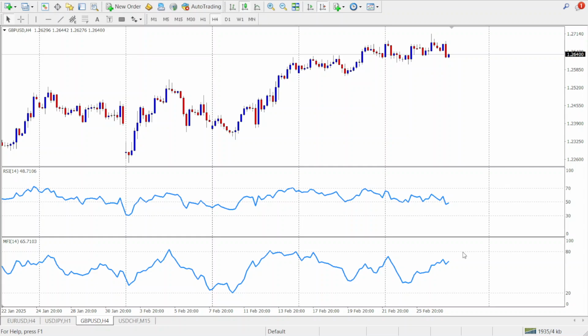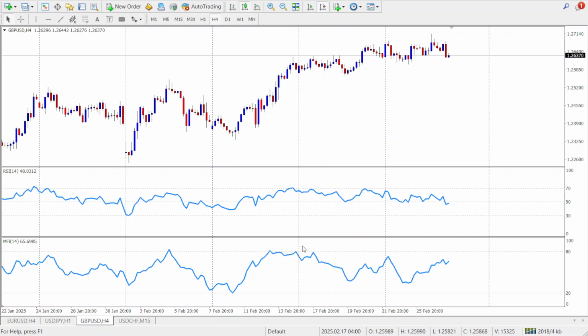Meanwhile, the MFI includes volume in its calculations. Instead of just looking at price movement, MFI factors in price and volume together, making it a more comprehensive indicator for detecting real momentum shifts. If a price move is backed by strong volume, it adds more weight to the signal.